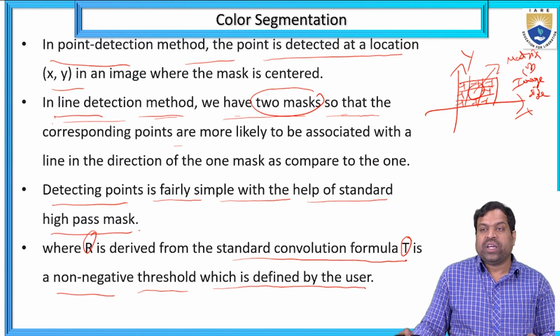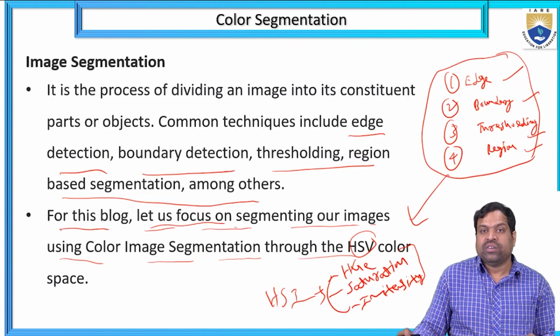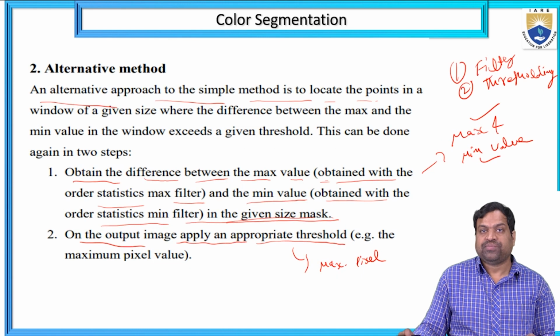I am taking the image with the horizontal and vertical size of x and y. It is a definition of image segmentation: edge detection, boundary detection, thresholding, and region based segmentation.